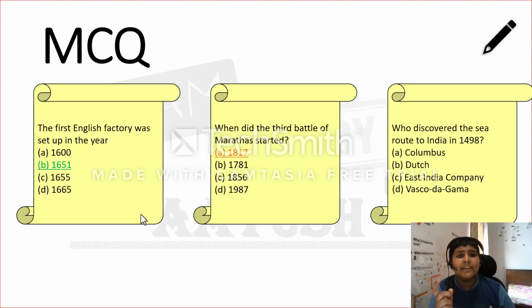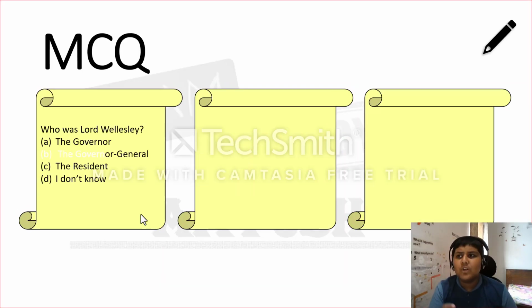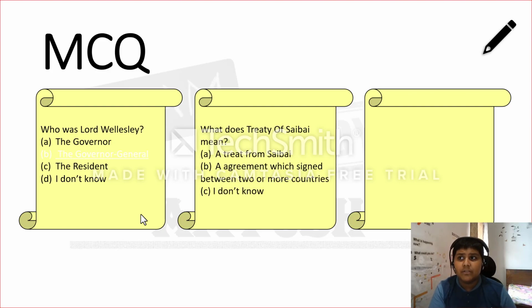It is 1817. Who discovered the sea route to India in 1498? Was it Columbus or the Dutch? No, it was Vasco da Gama. Who was Lord Wellesley? He was the Governor General.